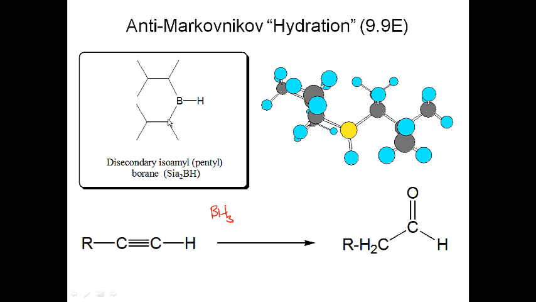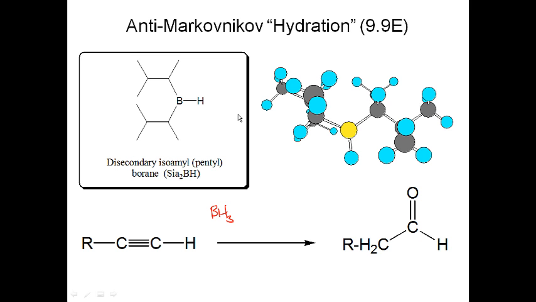Well, this is a 5-carbon chain. It's got the iso group, so therefore it's isoamyl, and the boron's attached to a secondary carbon. None of the IUPAC rules would accept this as an appropriate name, but what it does is it creates a very sterically hindered molecule.